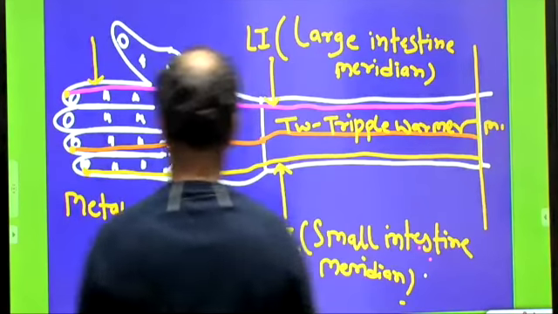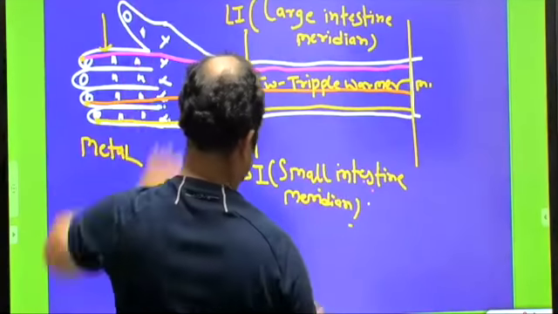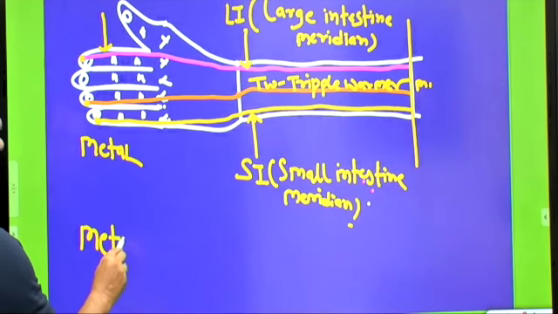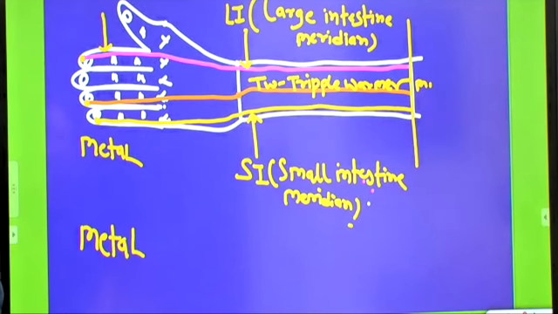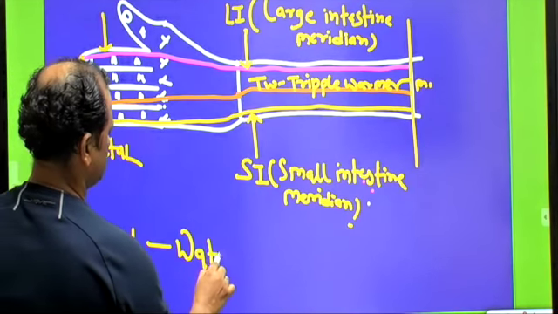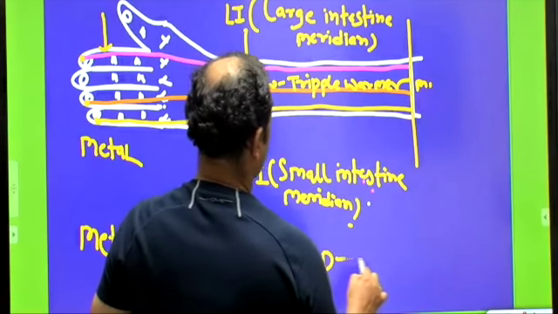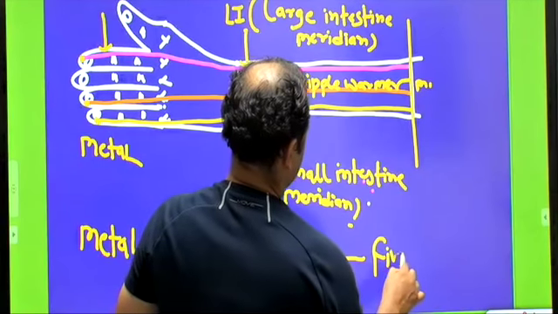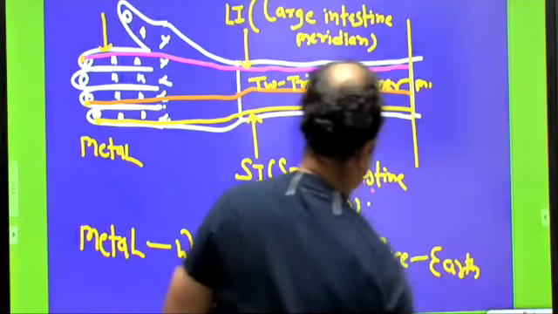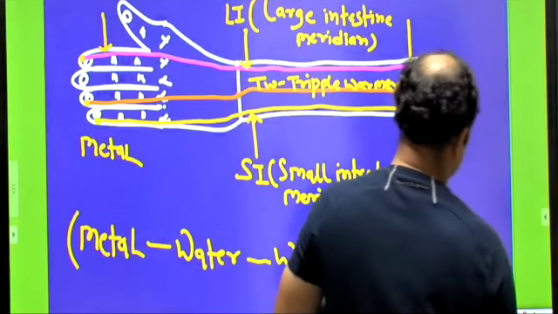If we start the cycle from metal, then in the 5 element sequence, after metal comes water, after water comes wood, after wood comes fire, after fire comes earth, and after earth, metal starts again. So we start the journey from metal, and it completes on the earth element.